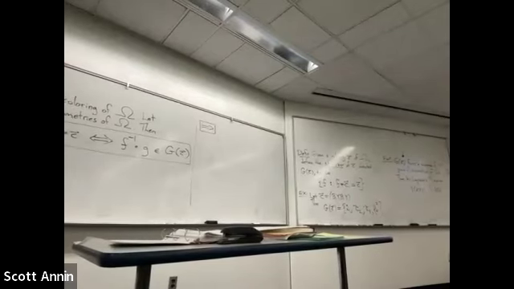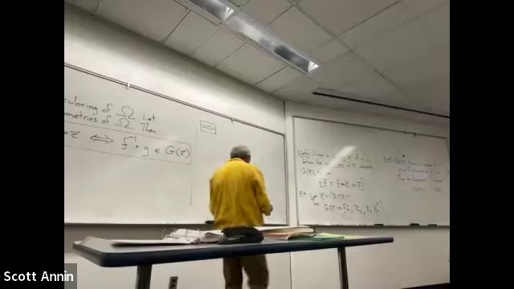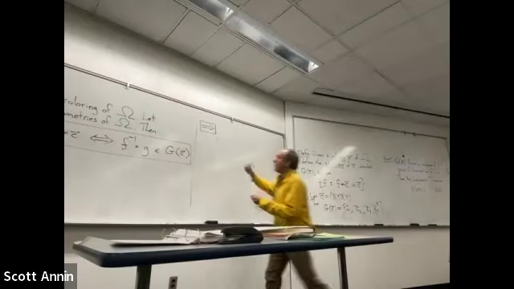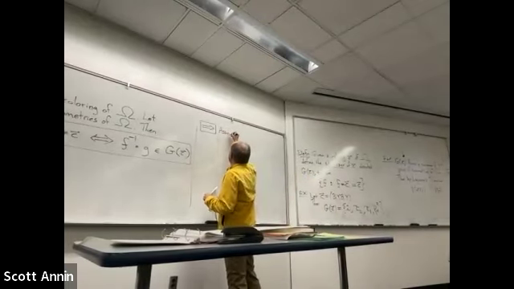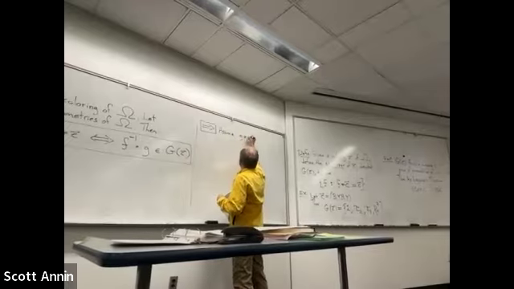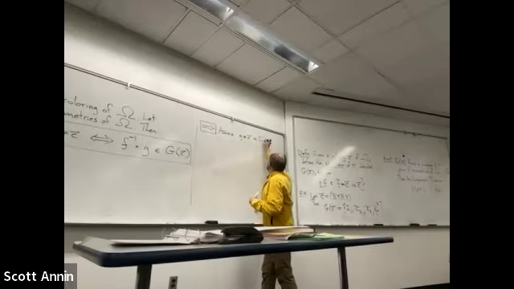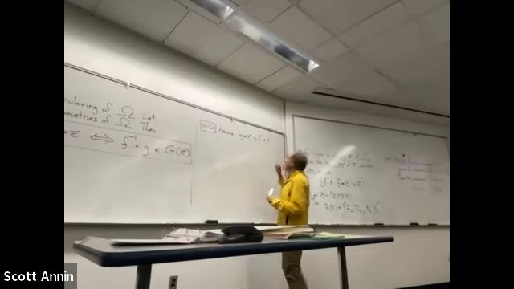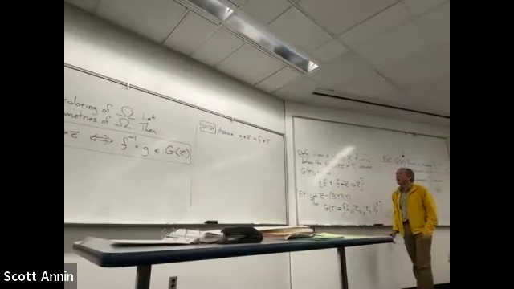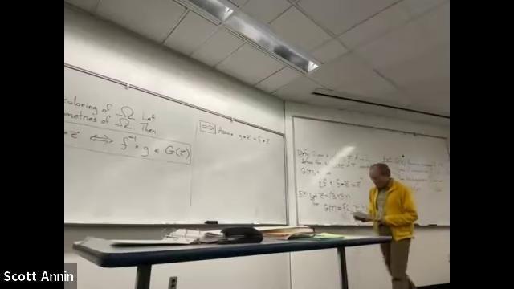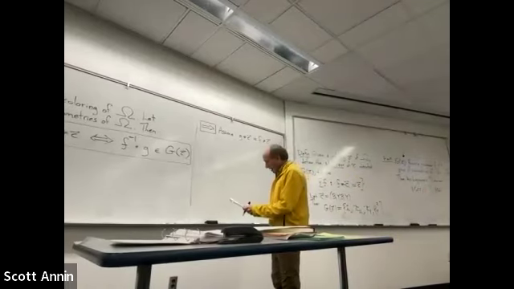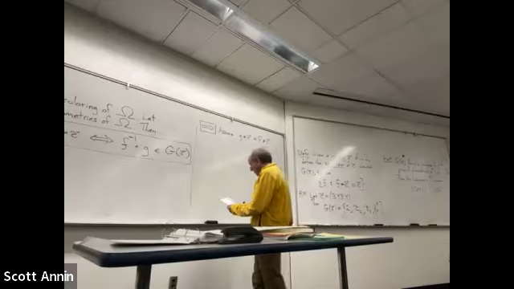But let me try and do the forward proof here to begin with. So let's assume that G star C is equal to F star C. So I'm assuming that when I apply either F or G to C, I get the exact same coloring.